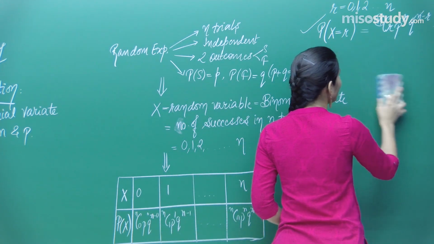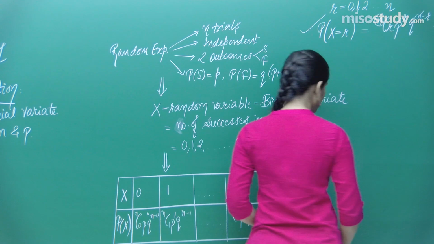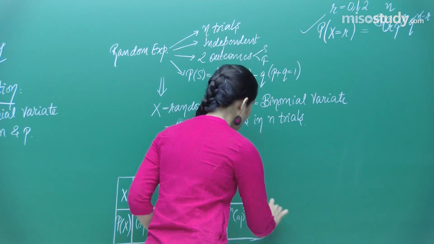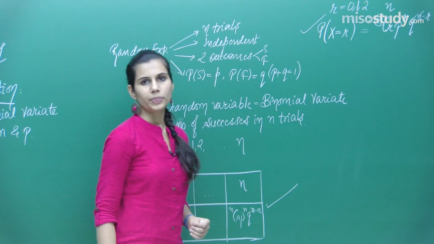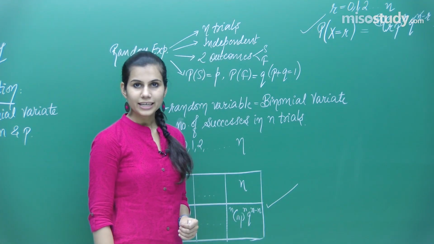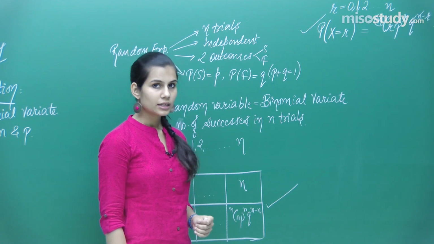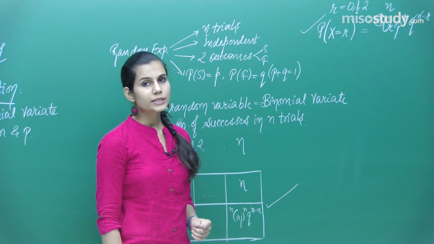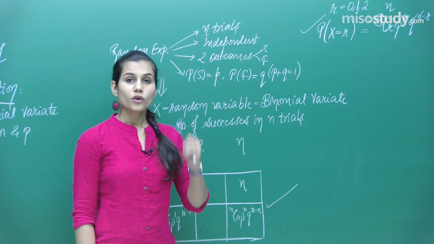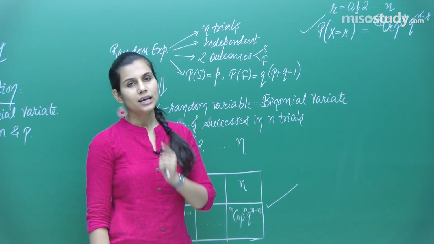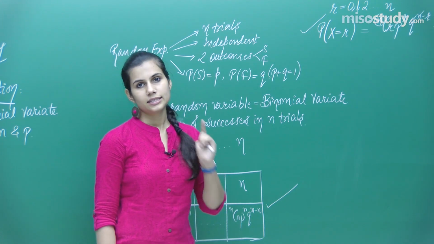If I have n and if I have p, I have this complete distribution with me. Right? Because if I have n and if I have p, I can calculate q, right? And I know that R is going to vary from 0 to n. So for any value of R from 0 to n, I can calculate the probability of getting R successes in n trials.